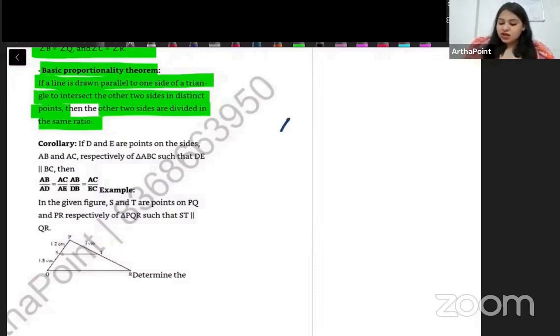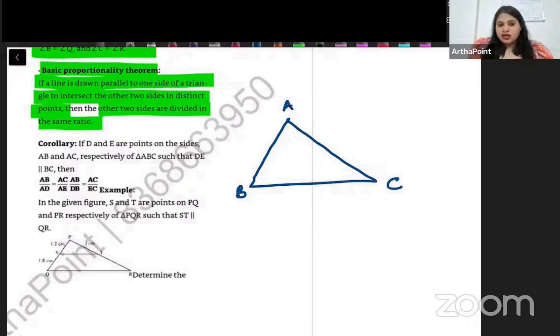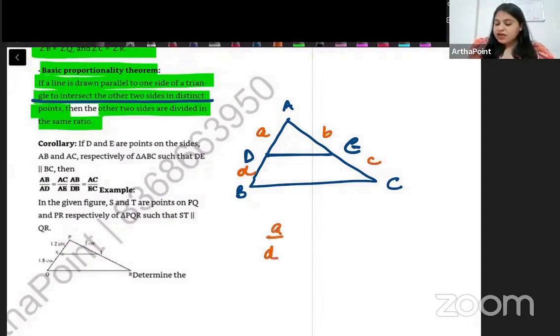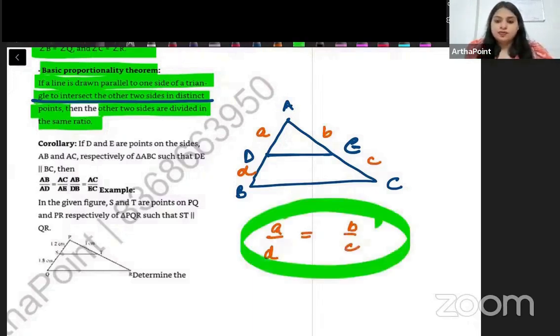So I have this triangle A, B, C. If I draw a line parallel to one side, BC, say this line is DE, intersecting the two sides, then they are divided in the same ratio. That means AD by DB should be equal to AE by EC. They should be divided in the same ratio.